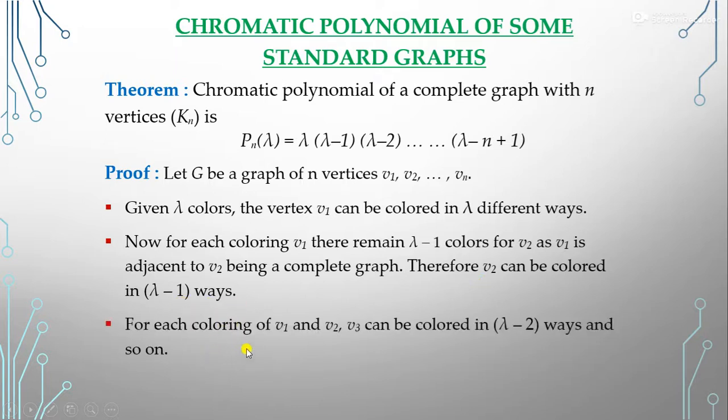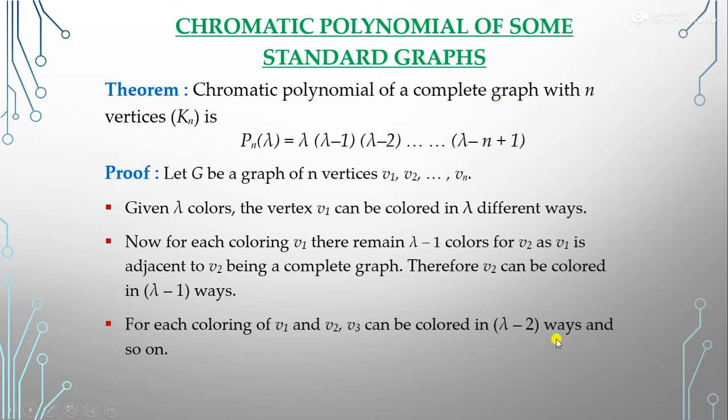Now for each coloring of v1 and v2, v3 can be colored in how many ways? Lambda minus 2 ways. Why do we do all this? Because we have to give different colors to each vertex of the complete graph.